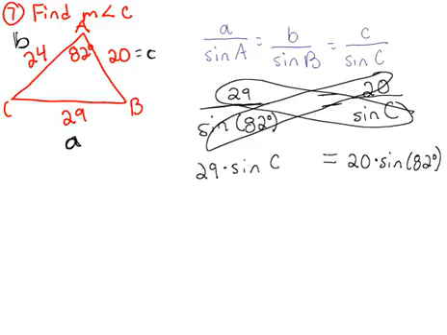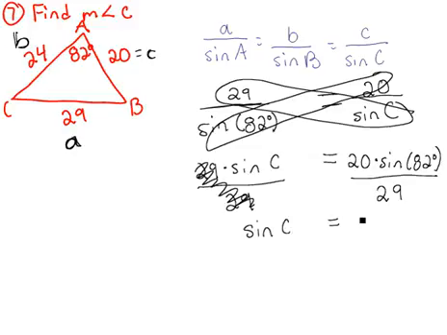But we ultimately want to solve for C. And in order to do that, we're going to have to get sine C by itself. So right now, 29 is being multiplied by that sine C. So we're going to have to divide both sides by what? 29. Very good. These 29's cancel. So we're left with the sine of C is exactly 20 times the sine of 82 degrees, all divided by 29.